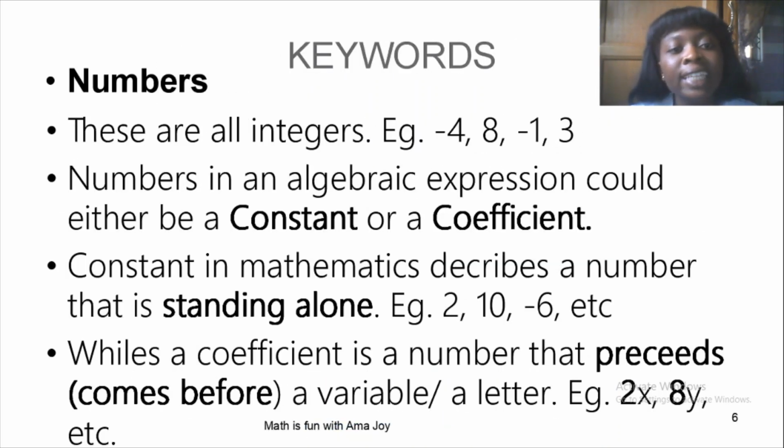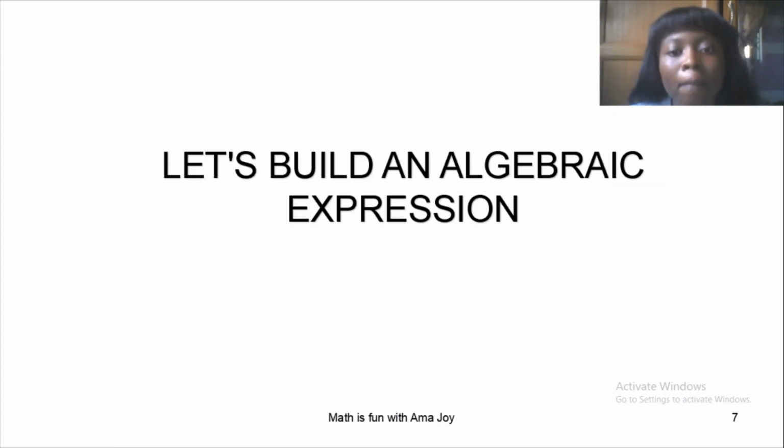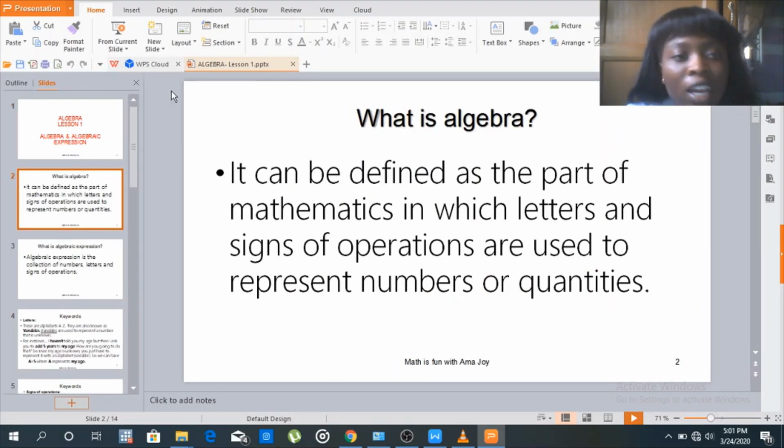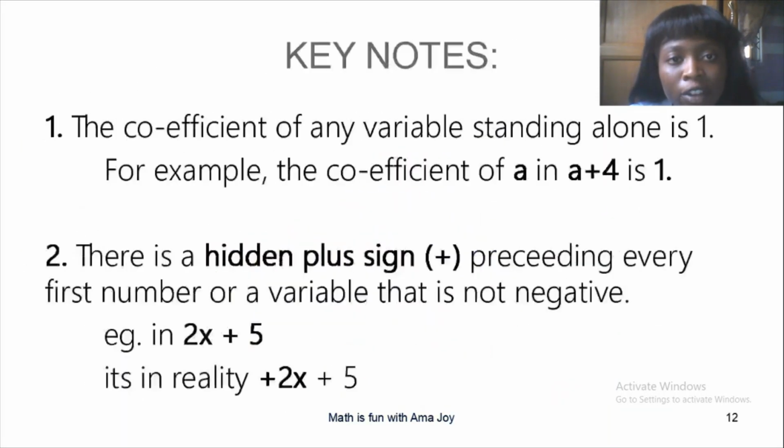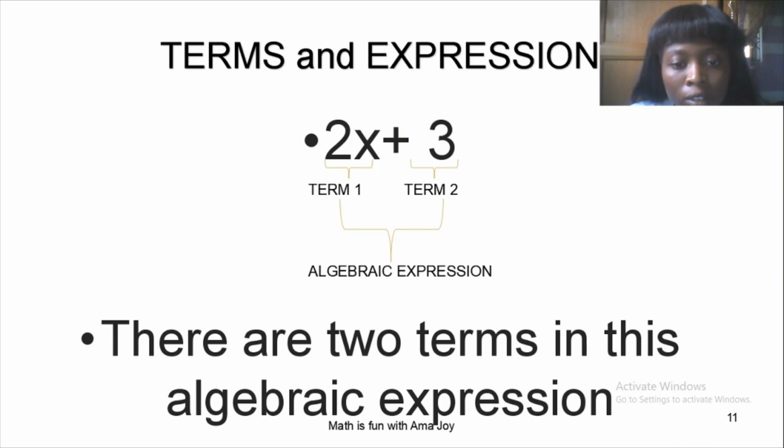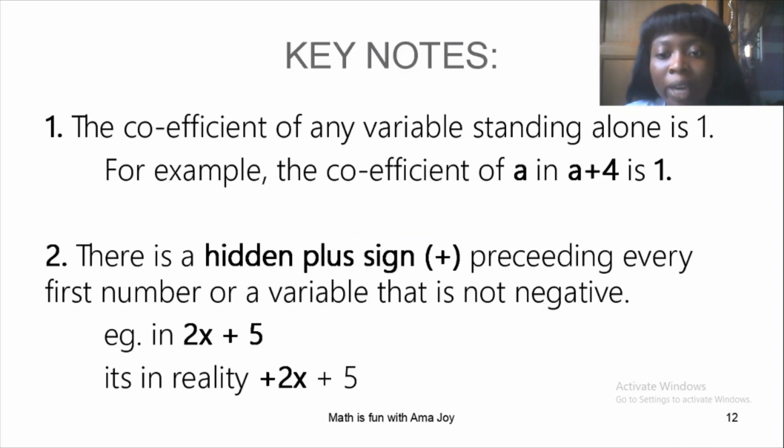We said any number standing alone is a constant. But now if an alphabet is standing alone, which is a plus 4, a is standing alone. So a has a coefficient of 1.